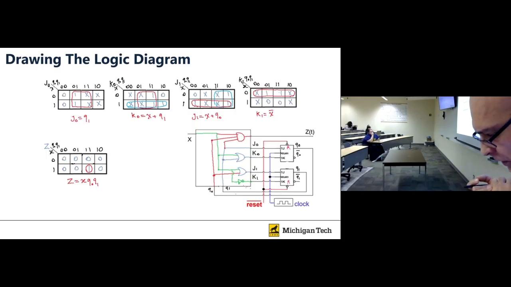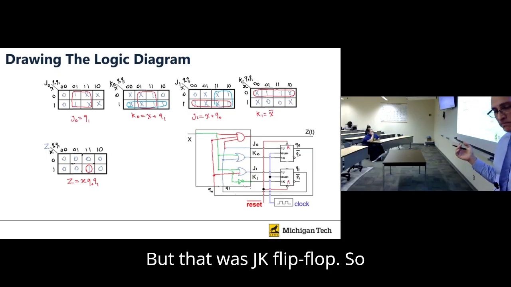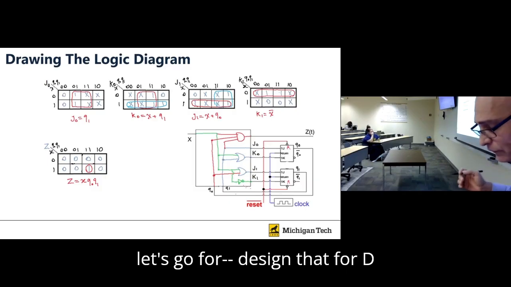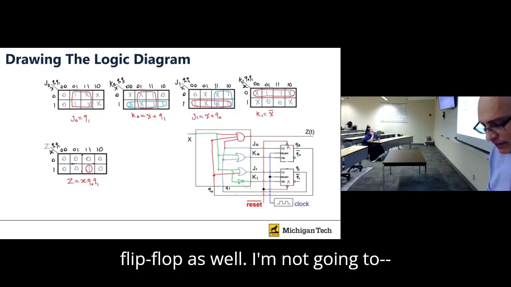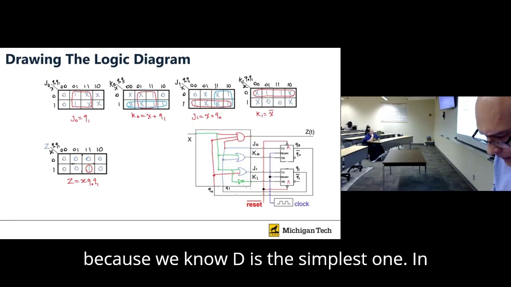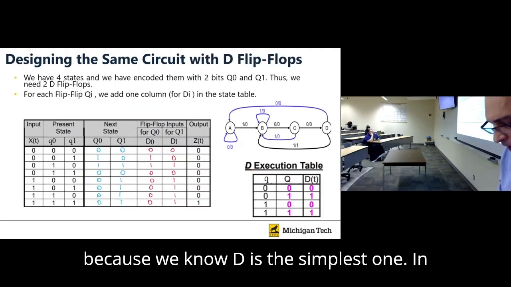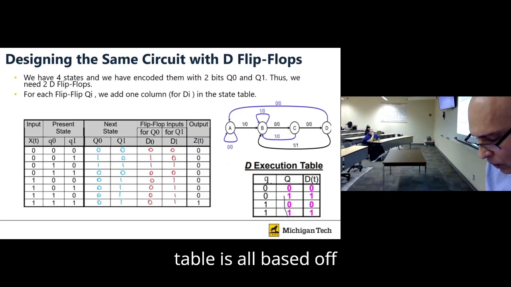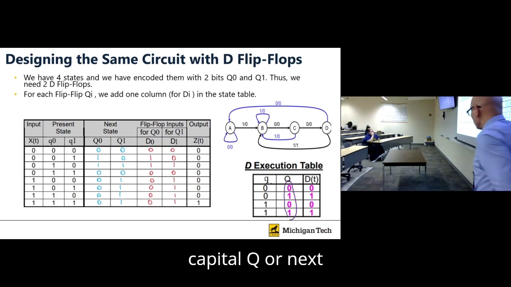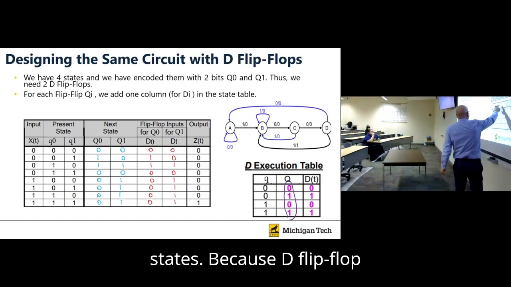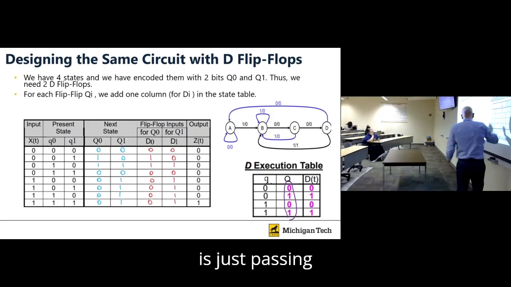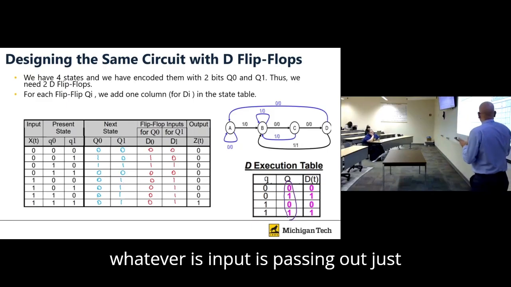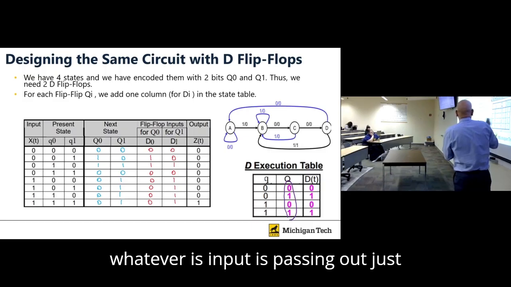Okay. So that was the JK flip-flop. Let's go and design that for the D flip-flop as well. I'm not going to do all of it, because we know D is the simplest one. In the D flip-flop, the excitation table is all based on capital Q, the next states, because the D flip-flop just passes whatever is input to the output when the clock comes.